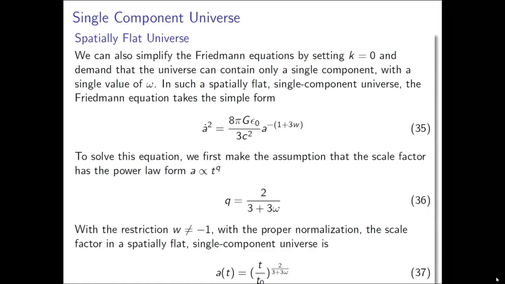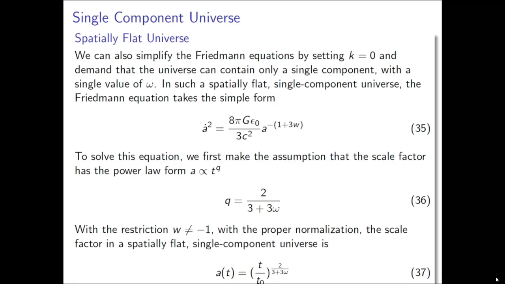In a spatially flat, single-component universe, the Friedmann equation takes a simple form, as given by equation number 35. That is, a-dot squared is equal to 8 pi G epsilon_0 divided by 3c squared times a to the power of minus 1 plus 3w. To solve this equation, we first assume that the scale factor has a power law form, a directly proportional to t to the power q.